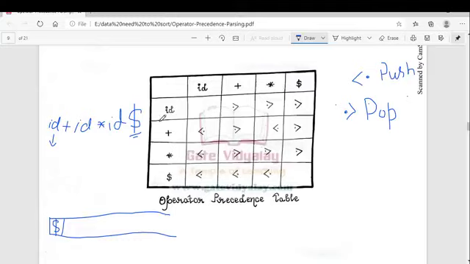Okay. Now, the first symbol is id and we have dollar sign. This is used for the stack, and this one is used for the input string.